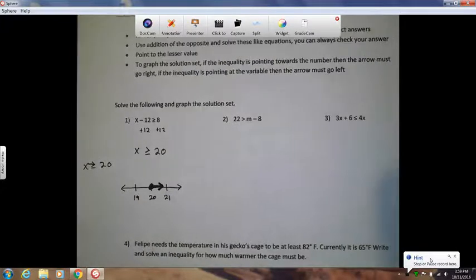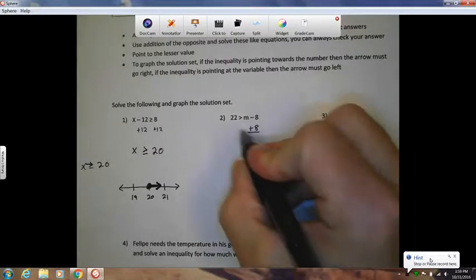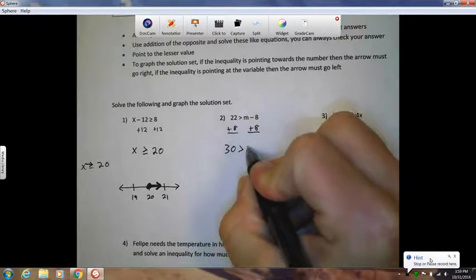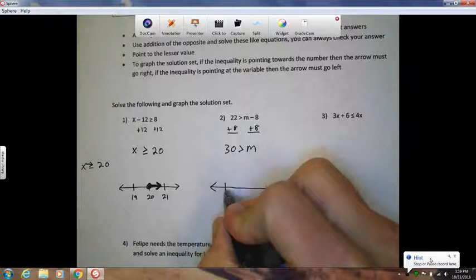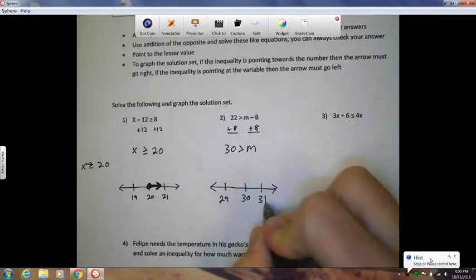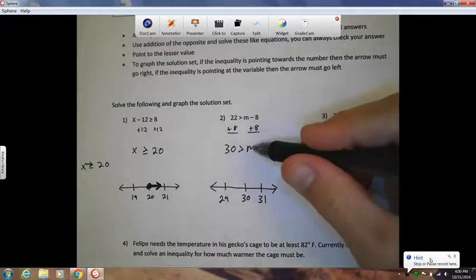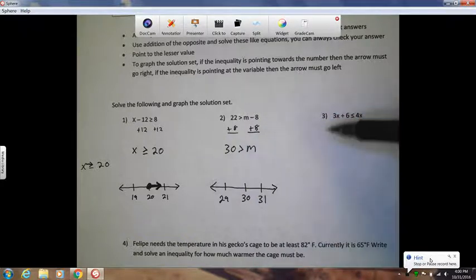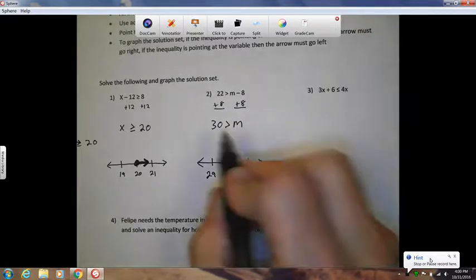Here I need to add 8 on both sides. 30 is greater than m. So I added 8 to both sides and I have m by itself. Now I need to see, should I fill it in or leave it open? Look up at your chart. It cannot be equal to, so an open circle.